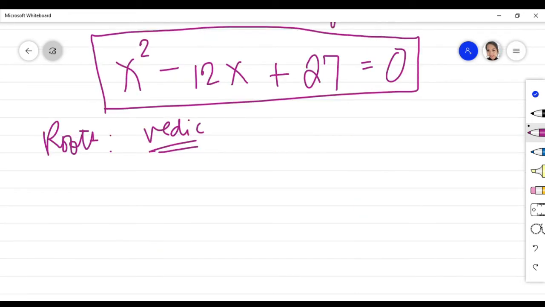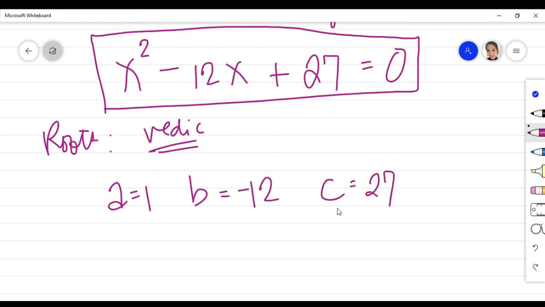Since we're done with the equation, let's proceed to finding the roots. Since this equation is factorable, we can apply Vedic method. Our A is 1, our B is negative 12, and our C is positive 27. So do not forget to include the sign for our B here. Now, the amazing thing of this equation using the sum and the product of the roots, we can directly determine the dimensions of our rectangular table.